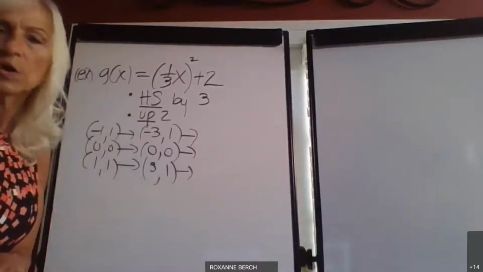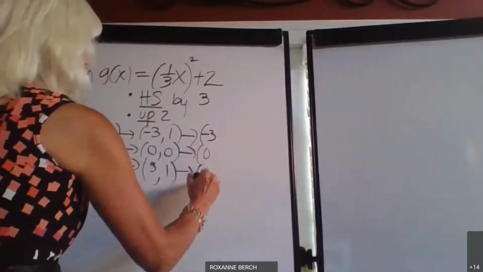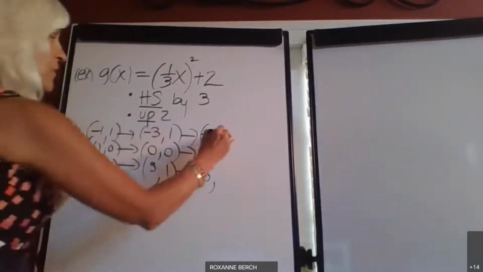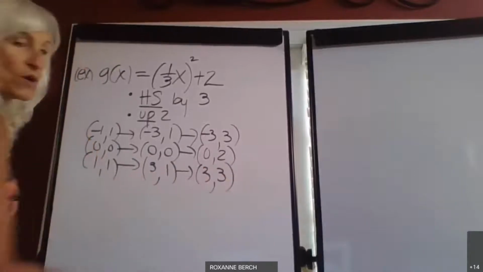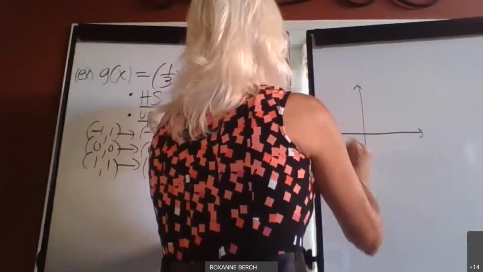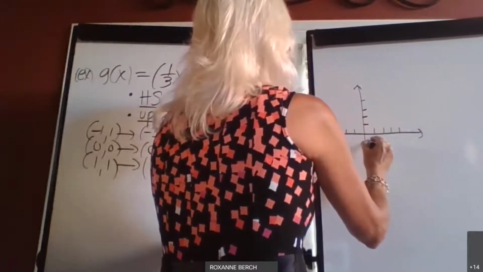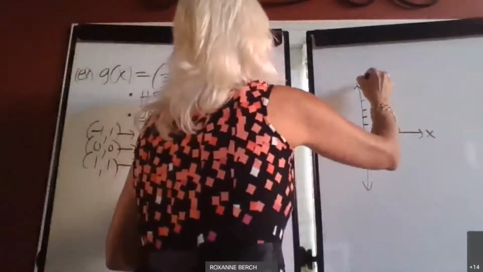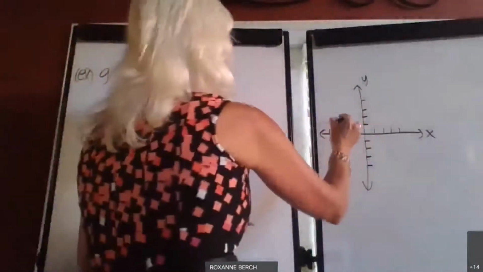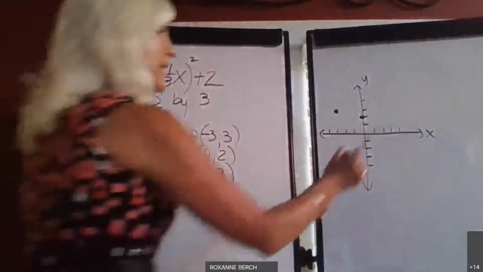Up doesn't change the X, so we're going to add 2 to the Y. So the X stays the same, and we're going to add 2 to the Y. Graph. All right, so left 3, up 3, 0, up 2, right 3, up 3.